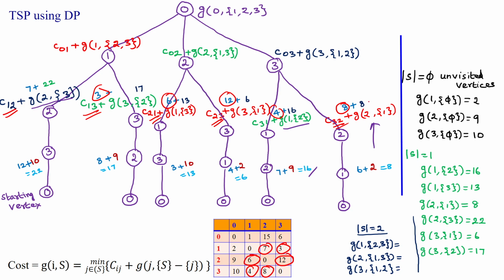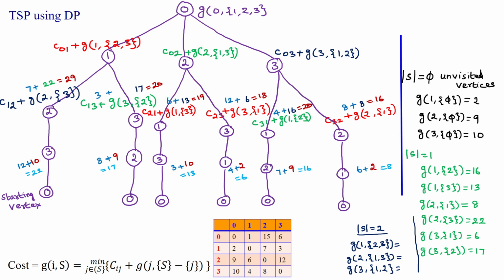When you apply the arithmetic calculation, you will get the total cost values at this location. Now from this you have to apply this formula, the minimum of these values. Here g of 2 comma 3 is the minimum of these two values, which is 20.